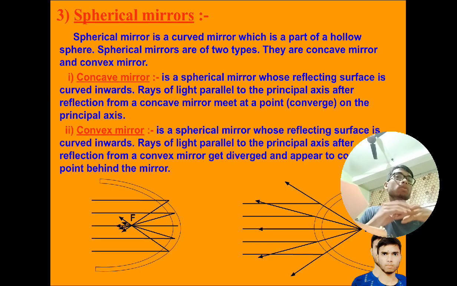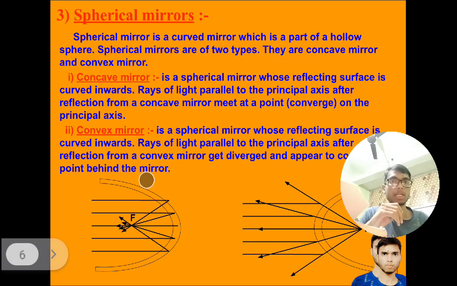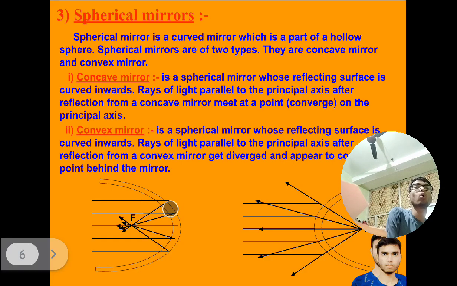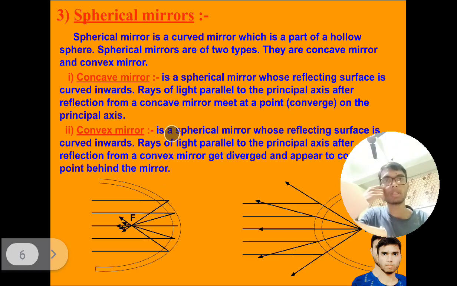Both of these will be curved mirrors, not plane mirrors. A curved mirror is a part of a hollow sphere. It will not be an exact circle. Instead, it will look like a hollow sphere, or you can say a spherical shape.